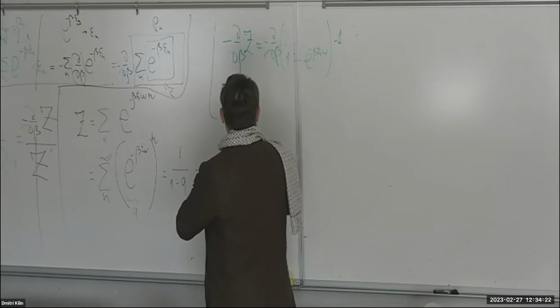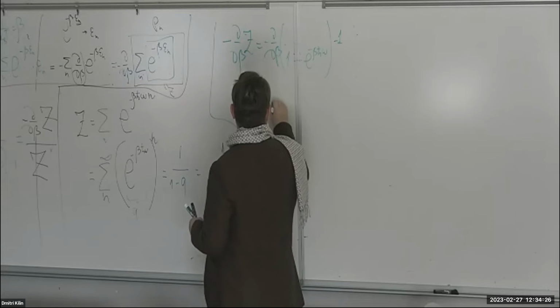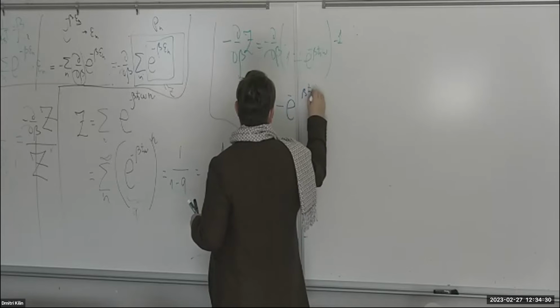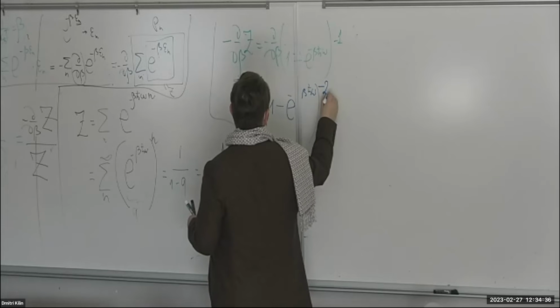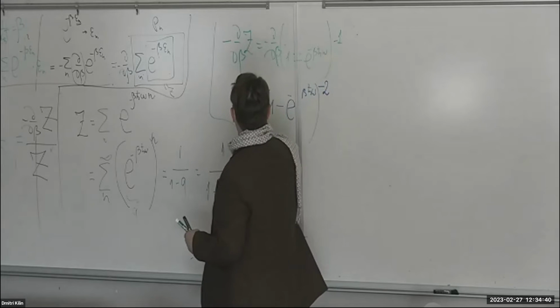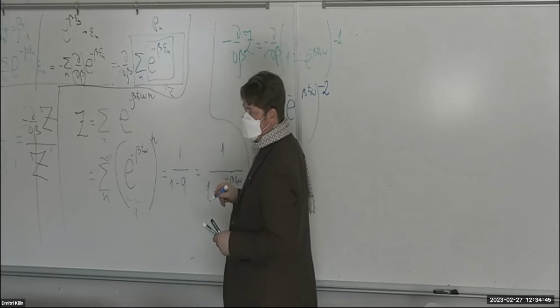So we are getting minus 1 times 1 minus e to the power minus beta h bar omega, to the power minus 2. And we should get this factor minus 1 up front.